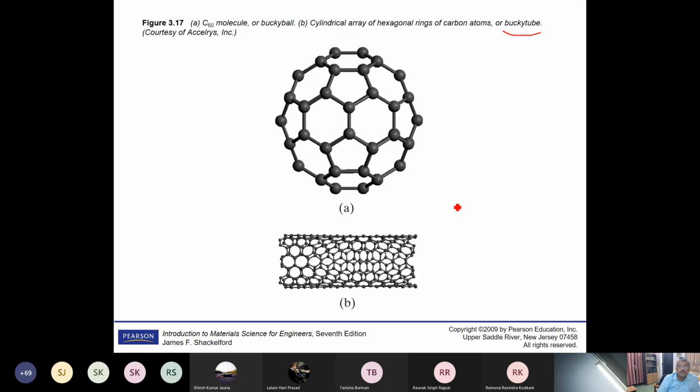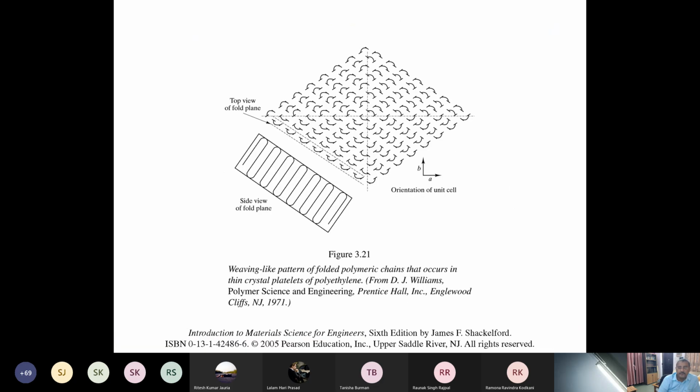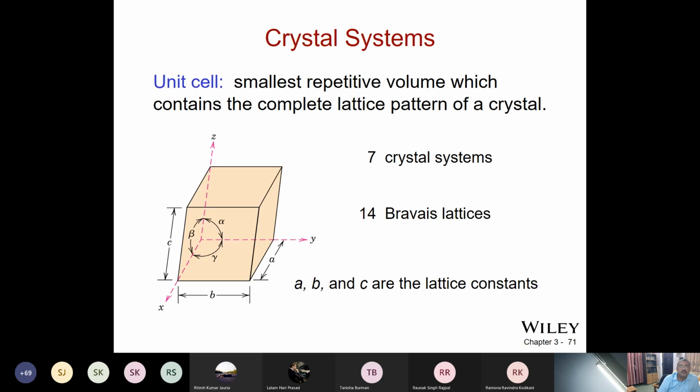Carbon nanotube, same thing. These are the polymeric chains of polyethylene. Carbon is present. This polymer structure I will not teach you. Towards the end of the semester, I'll mention a few things.